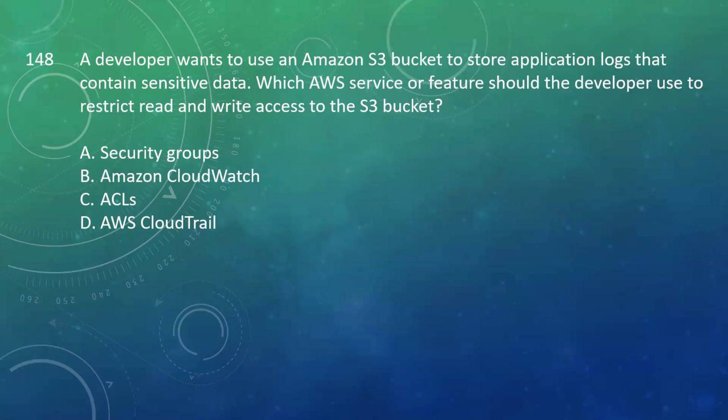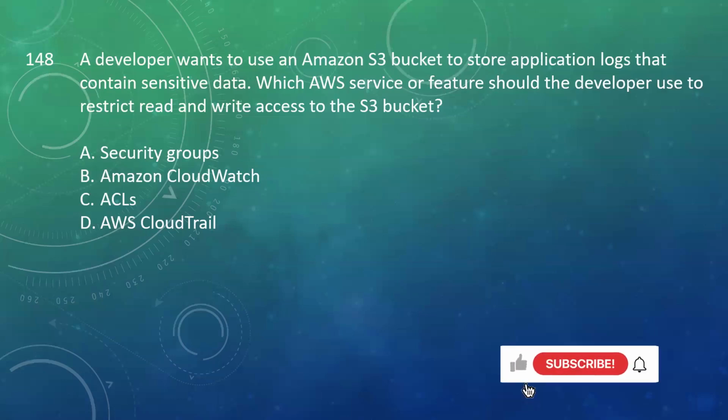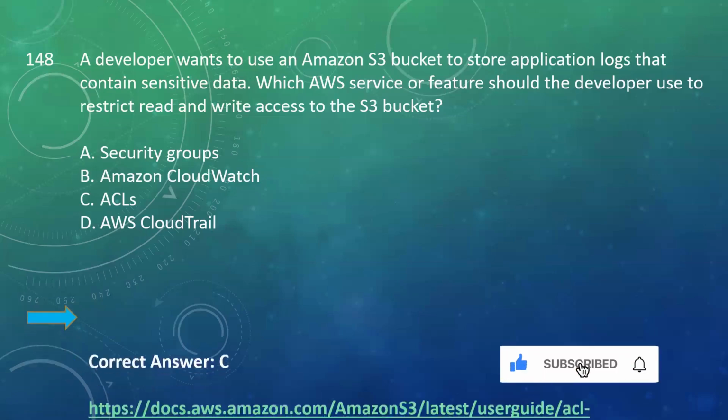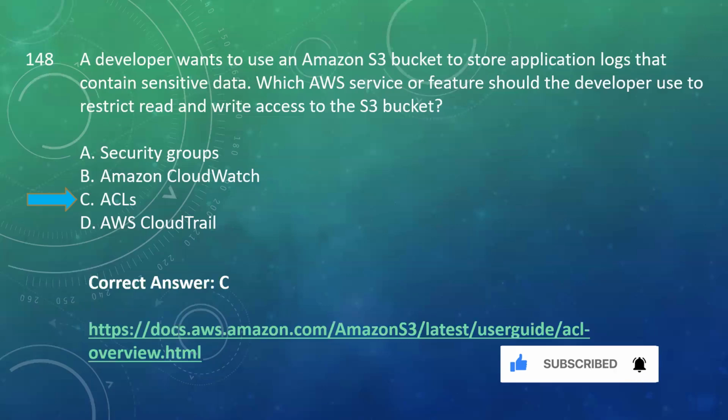Which feature should they use to implement this kind of access? Your options are security groups, Amazon CloudWatch, ACLs, and AWS CloudTrail. So the correct answer in this case is ACLs.